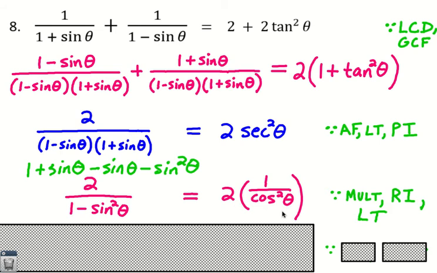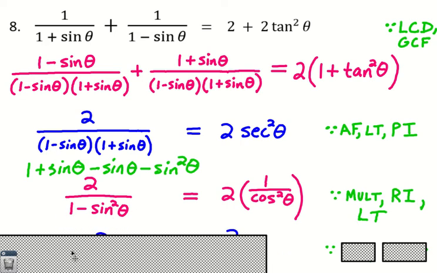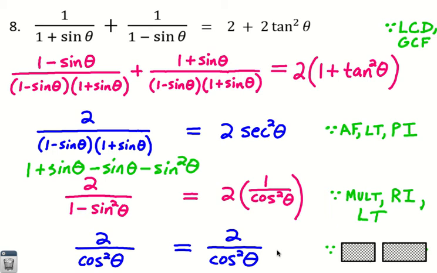Okay? Jeez. So I can see the ending myself. This 2 can just multiply to this fraction, but do you see a Pythagorean identity? I hope so. Always keep your eyes peeled for Pythagorean identity stuff.